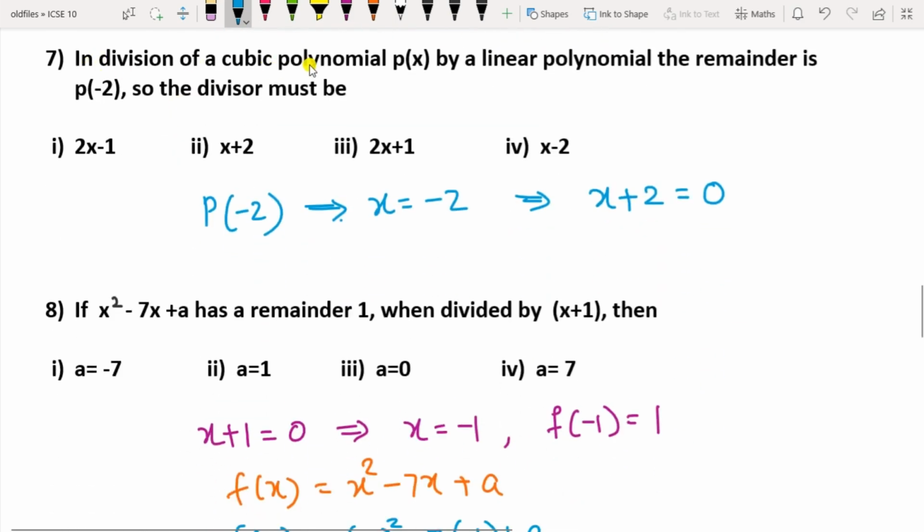In division of a cubic polynomial p(x) by a linear polynomial, the remainder is p(minus 2). So the divisor must be. Now here the remainder has been given as p(minus 2). You have to find the divisor here. So p(minus 2) means x equal to minus 2. So when x is minus 2, you take the number on this side, so it will become x plus 2 equal to 0. That means the divisor is x plus 2. So option 2 is the correct option.